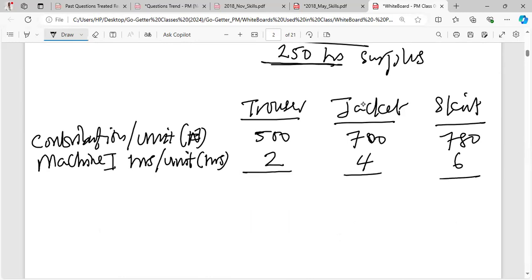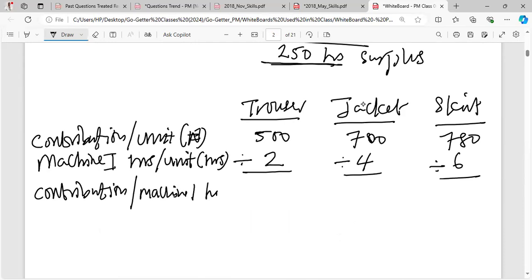So you are going to divide to get contribution per machine 1 hour, which is contribution per limiting factor.